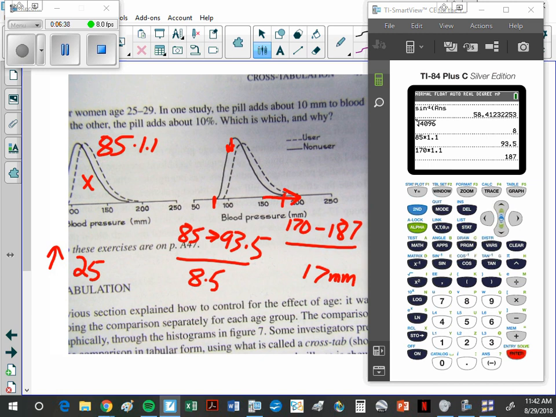Does that make sense? And the area underneath this curve is still exactly the same as the area under that curve. But when you stretch it horizontally, it has to get shorter to encompass the same amount of area.